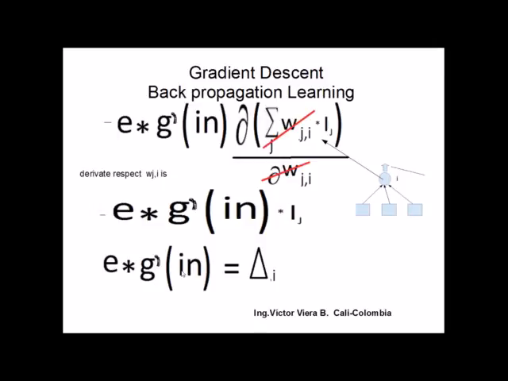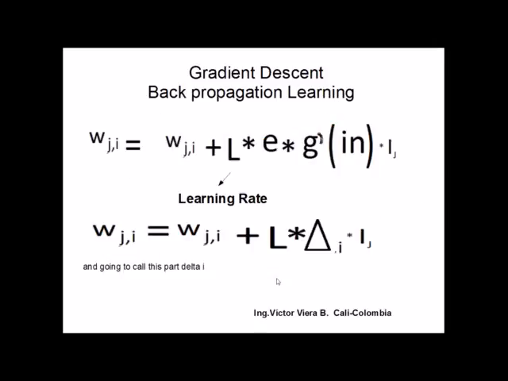Now we have minus error times g prime of in_i times a_j. We can call this expression delta_i. Remember, delta_i.